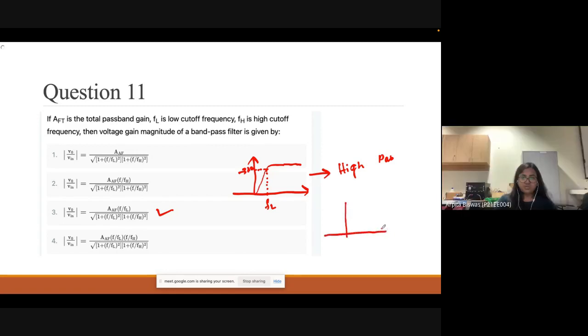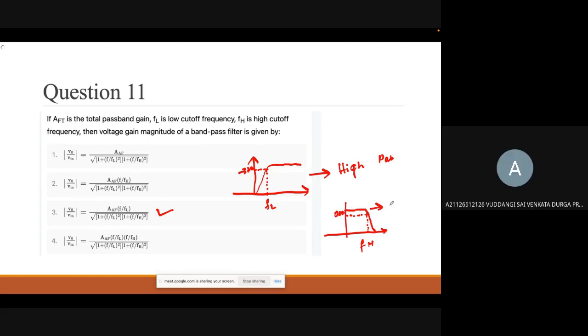I'm just drawing it for your basic understanding. What is the type of this? Low pass.